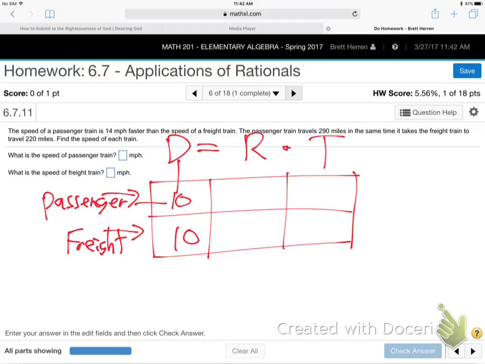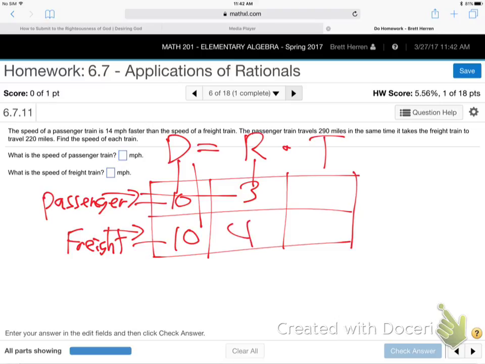What if I put a 10 in this box? What would that mean in the real world? The freight train went a distance of 10 miles. What if I put a 3 in this box? What would that mean? That would mean the rate of the passenger train was 3. Rate, what's rate? Like speed, like miles per hour. Like the passenger train was going 3 miles an hour.